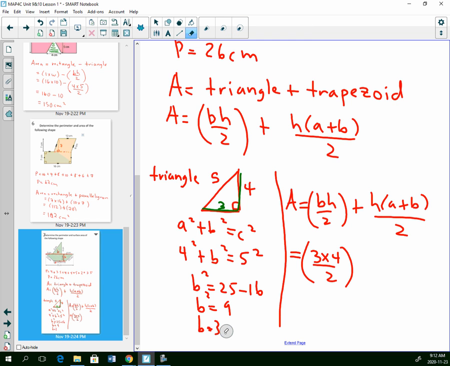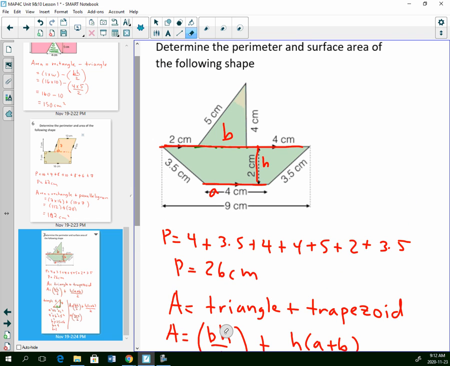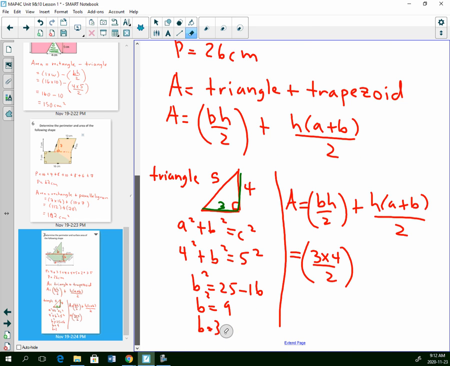The trapezoid has side 1, 4, side 2, it tells me here is 9. I probably could have figured this out because I have 9, take away 4 and 2, so take away 6 is 3. That's what I got using the Pythagorean theorem. I see that now. So the two sides are 4 and 9.